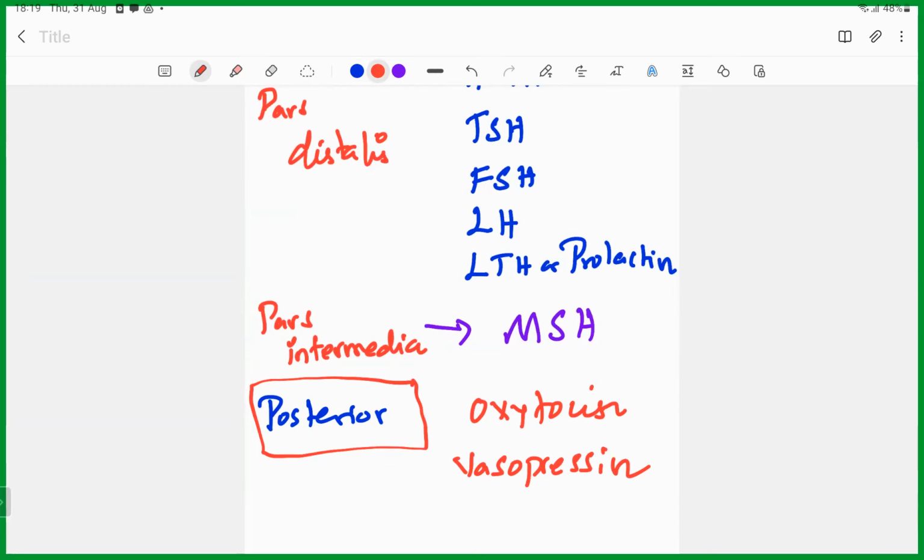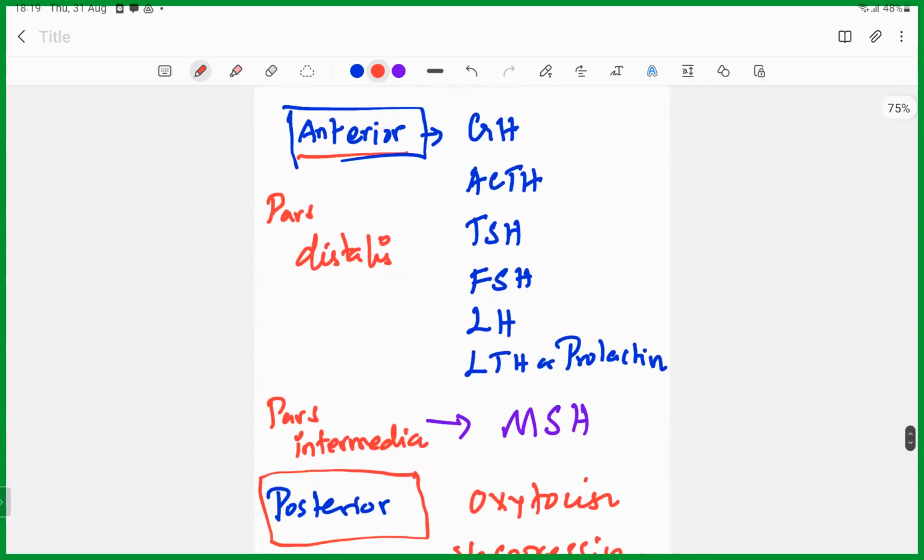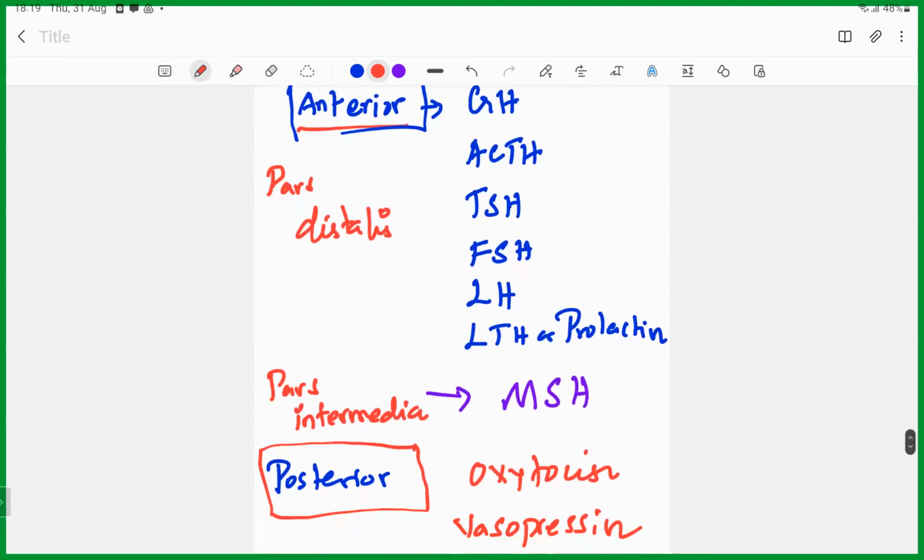So now, how many hormones in total? The pituitary has 9 hormones: growth hormone, adrenocorticotropic hormone, thyroid stimulating hormone, follicle stimulating hormone, luteinizing hormone, leutotropic hormone, melanocyte stimulating hormone, and then oxytocin and vasopressin.